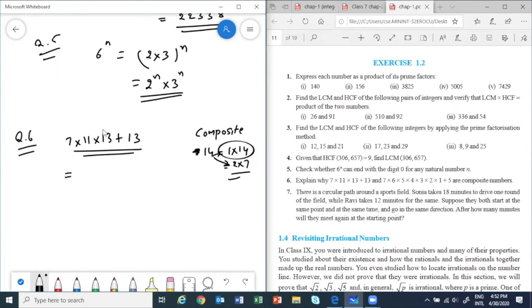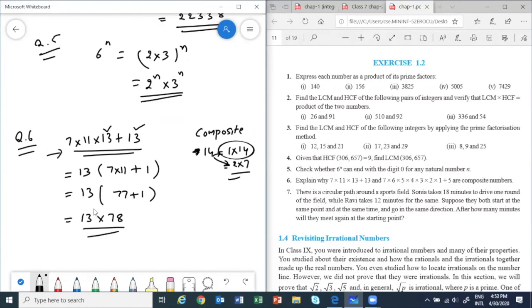So we have to show this one is composite. Without calculating, can I take 13 common? So what is left inside? 7 into 11 plus 1. So 13 into 77 plus 1, so this is 13 into 78. So surely the given number can be written as 13 into 78, and 78 has more prime factors.